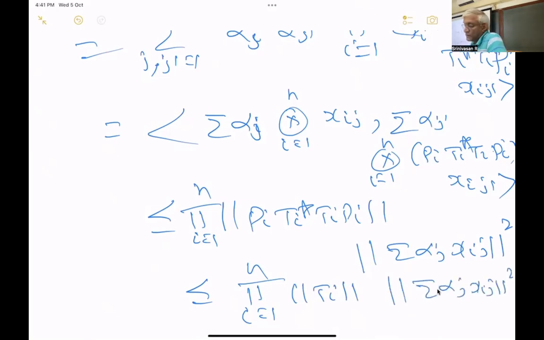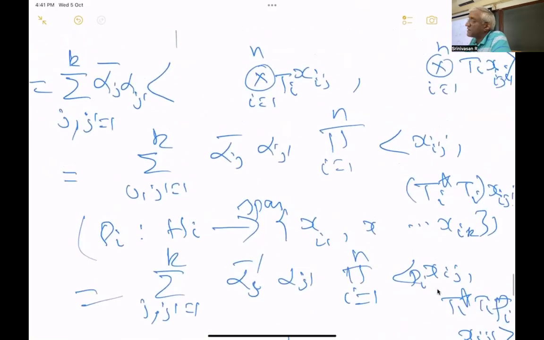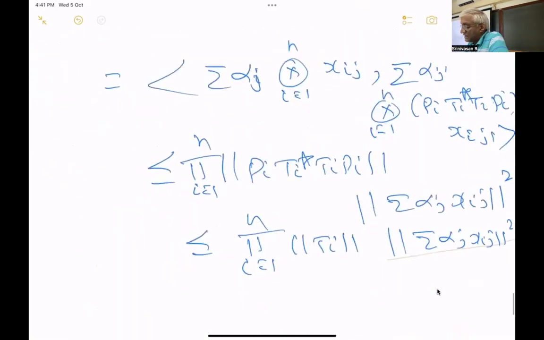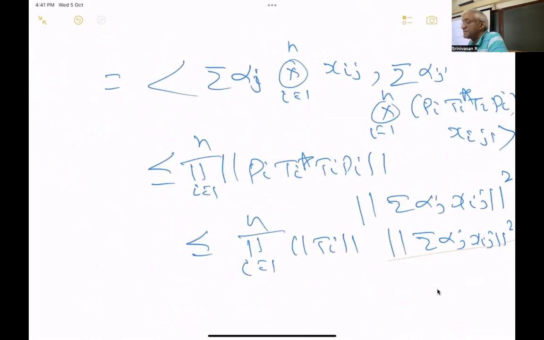So we started with some linear combination of the elementary tensors. Then we got this inequality, the product of norm T_i times this.